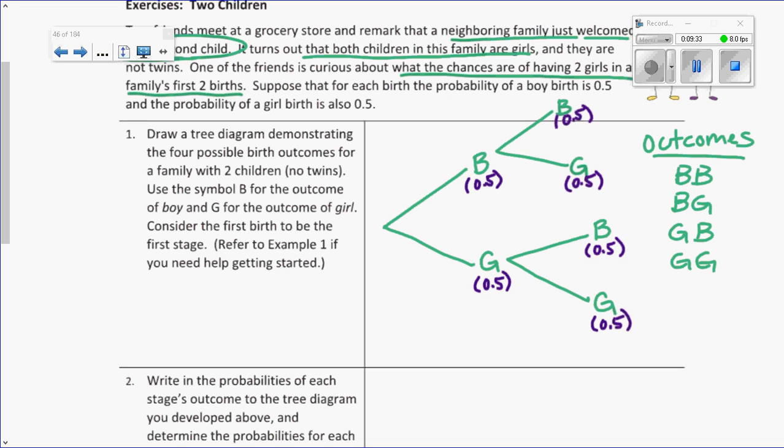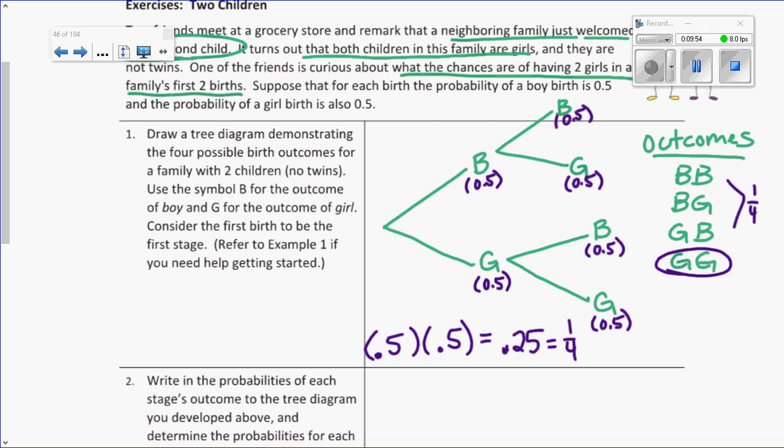So what we can do, girl, girl, there's a 0.5 chance of having a girl first, and a 0.5 chance of having a girl second. But to have a girl and a girl is 0.5 times 0.5, which is 0.25. And you all know that that's the fraction 1/4, because look at this. This is 1 out of 4 for a girl, girl, the one that they're asking about.